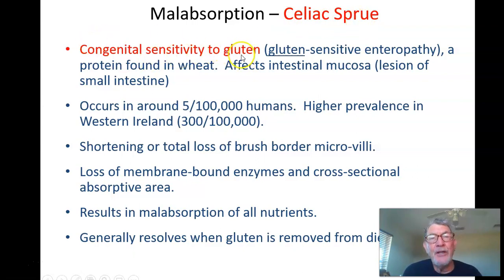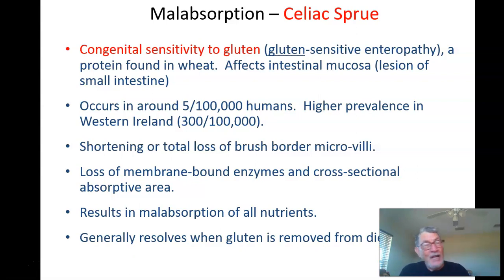If you're sensitive to gluten, when you eat anything that has gluten in it, the walls of your intestines swell up, and they become so dense that they can't absorb anything. And you have malabsorption of everything. And it's very rare. It's quite rare. And if you don't have gluten sensitivity, gluten is not going to harm you.